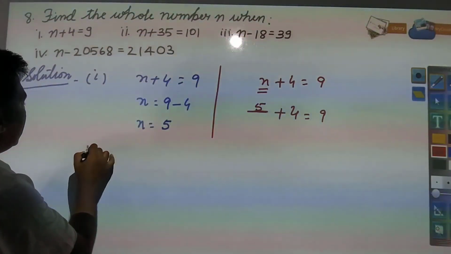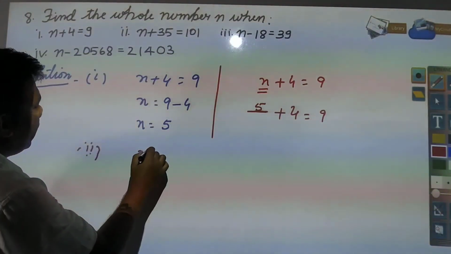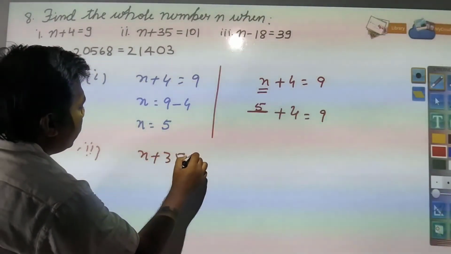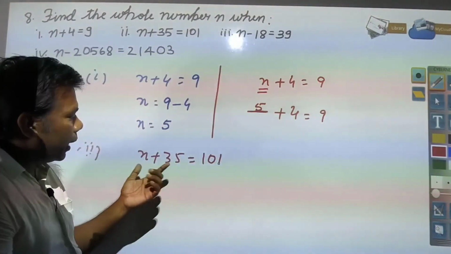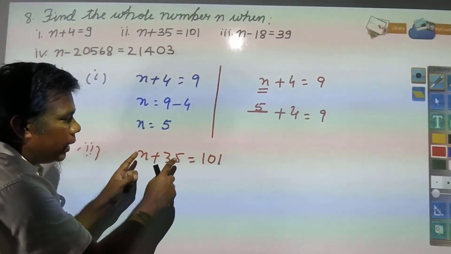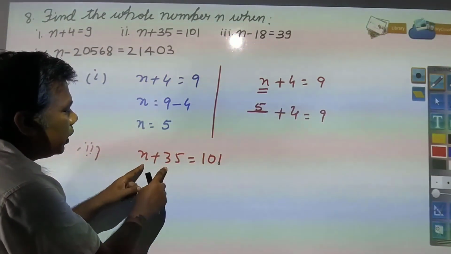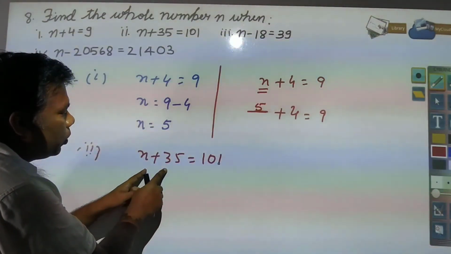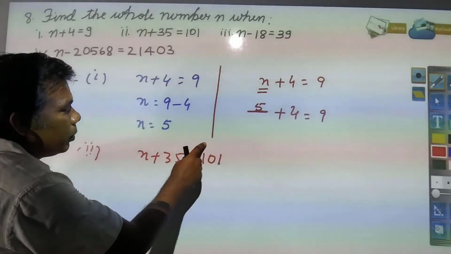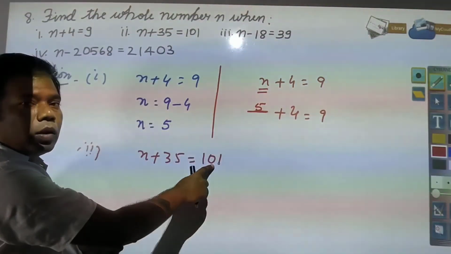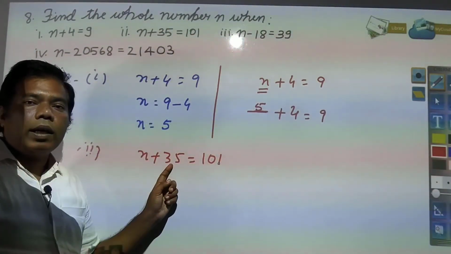Here in the second, n plus 35 is equal to 101. Again two numbers are being added and you have got the sum. So you need to subtract one number from the sum so that you can get the other number.